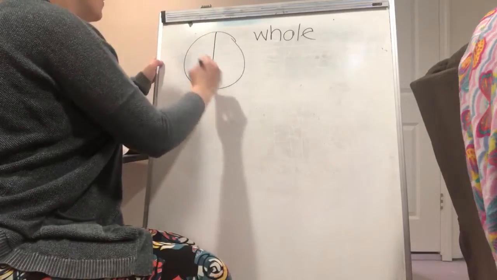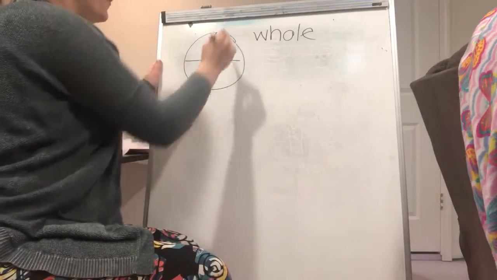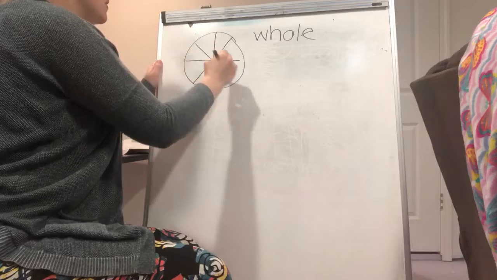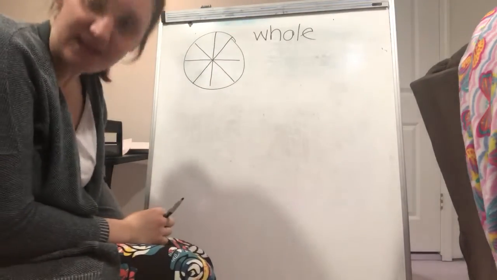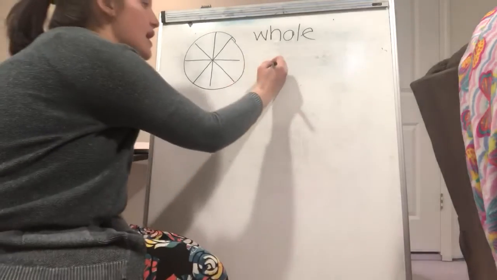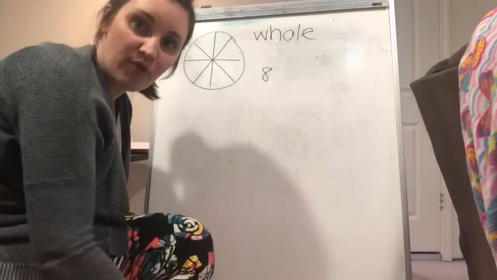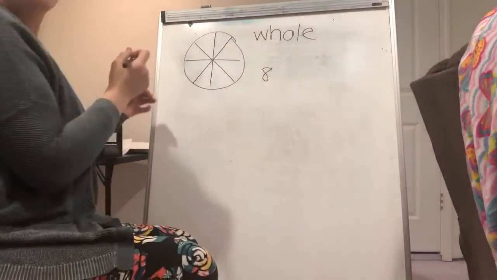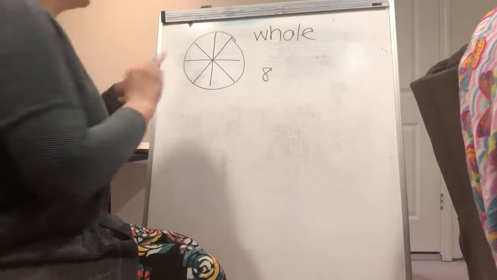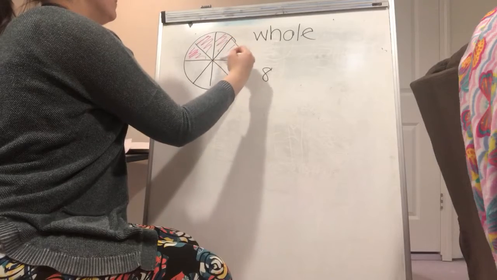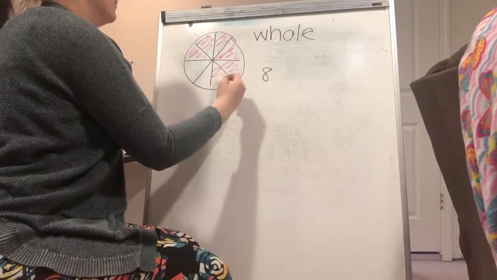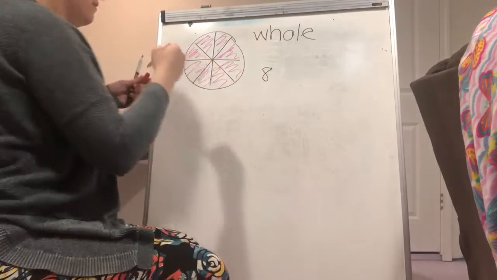So if I cut it up into, here's 4ths, we're gonna do 8ths. I cut my pie into 8 equal pieces. 8ths, that's how many total I have, right? Okay, well if I shade in 1, 2, 3, 4, 5, 6, 7, 8.